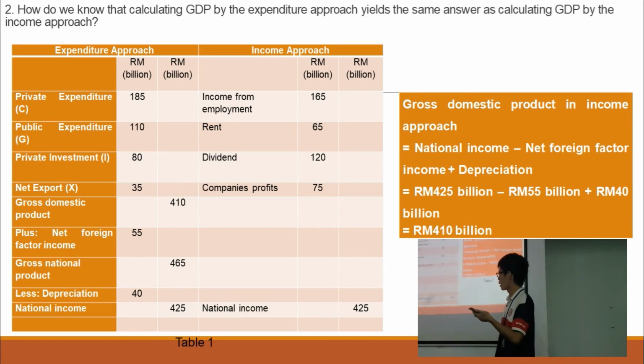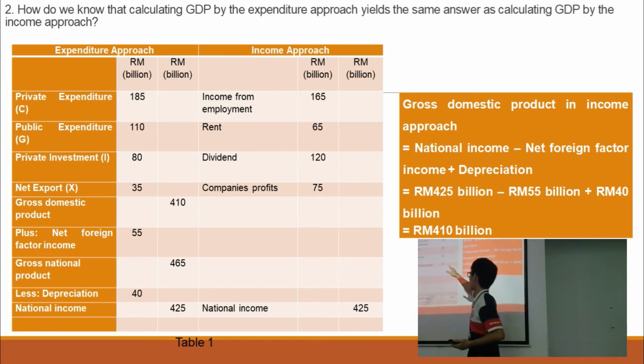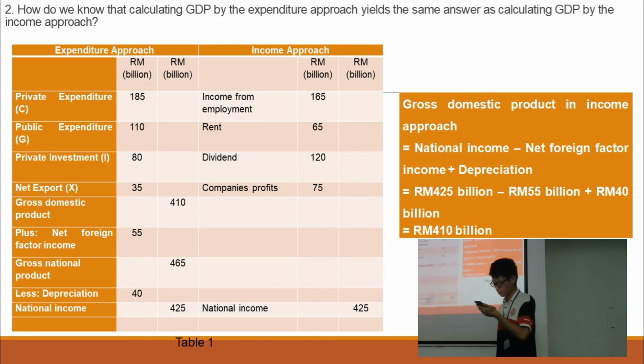Then it shows the value of national income, which is RM 425 billion in the income approach, with the formula income from employment plus rent plus dividend plus company profit equal to the national income.